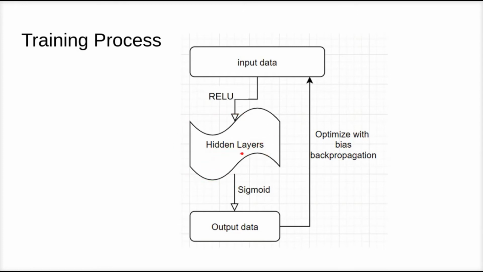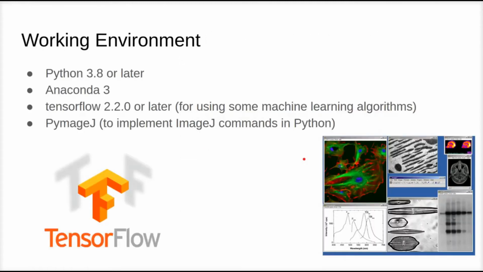The working environment we choose today is Python 3.8 or later. We choose Python because it has a great package called TensorFlow for using machine learning algorithms like neural networks and so on.